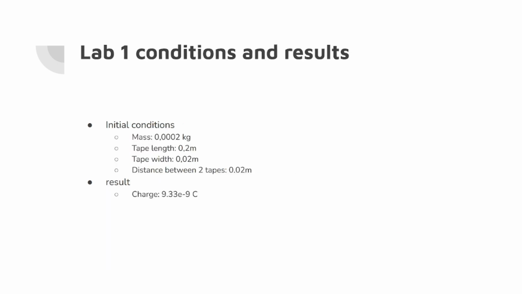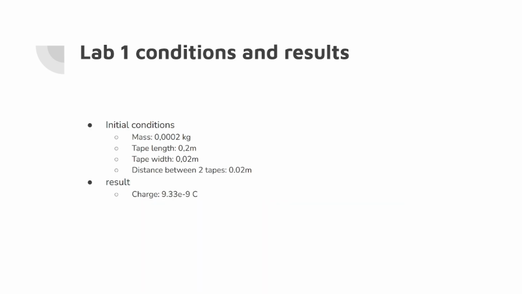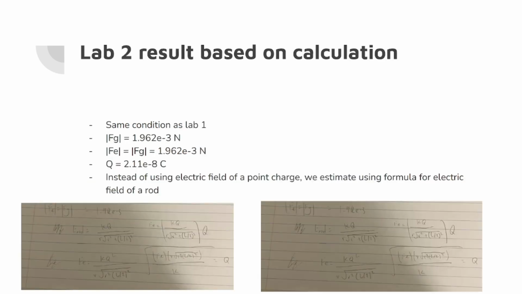Here are the Lab 1 conditions and results, just so you remember them, and later we'll compare. We will start Lab 2 by calculating a new charge value. We have the same conditions as in Lab 1: mass, length, width, and distance, except we are solving for Q this time. As always, we follow the same steps.